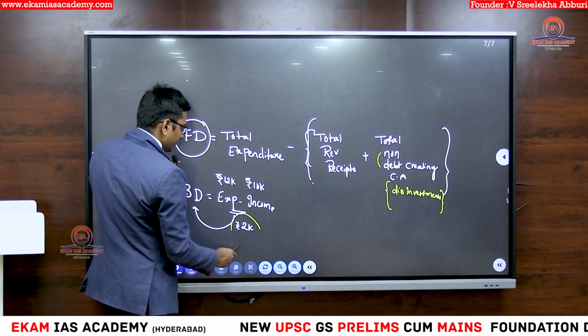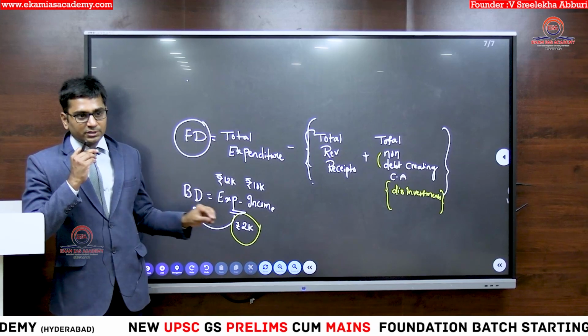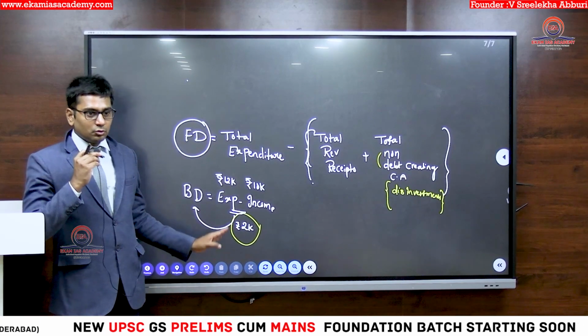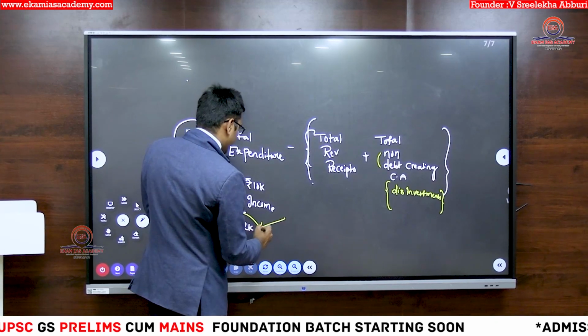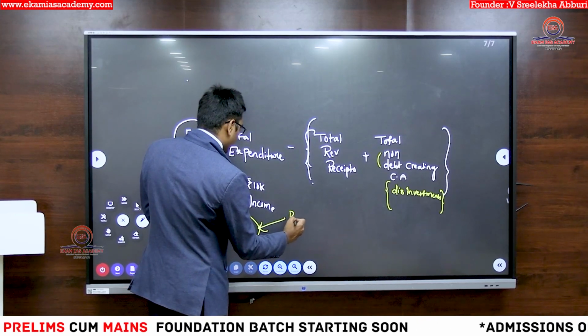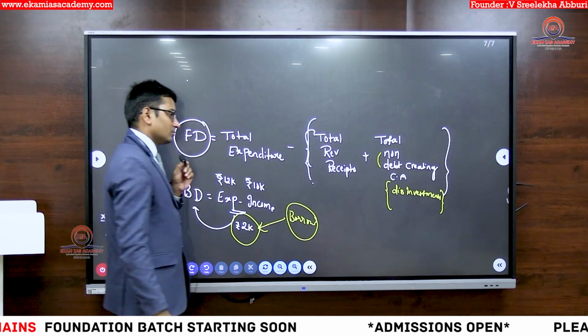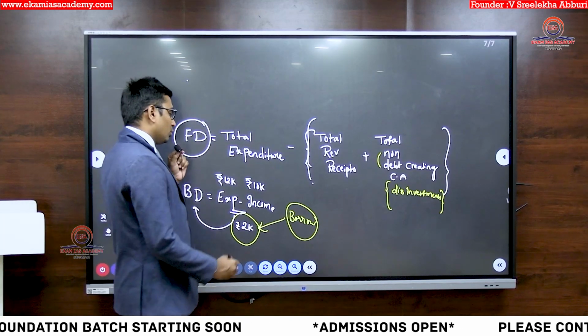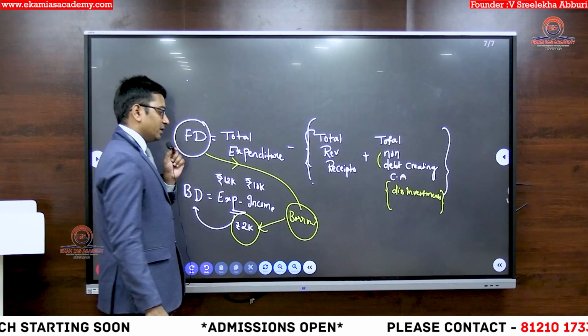I am said to be in budget deficit, because I am facing 2,000 less. So what you do, you have to make up this by extra borrowings. Go and borrow. Whatever amount you are borrowing is known as fiscal deficit.